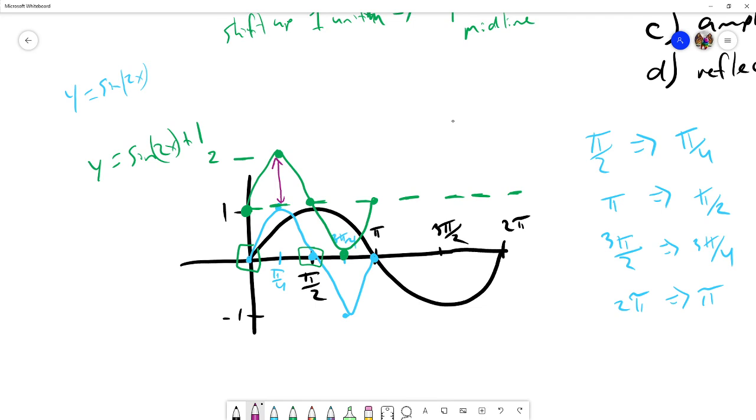So to get an amplitude of 3, what you need to do is go up 1, 2, 3 units. So right here is 3, up here is 4. That means we need to have a point up here. So notice I start at the midline and I count up 1, 2, 3 units.